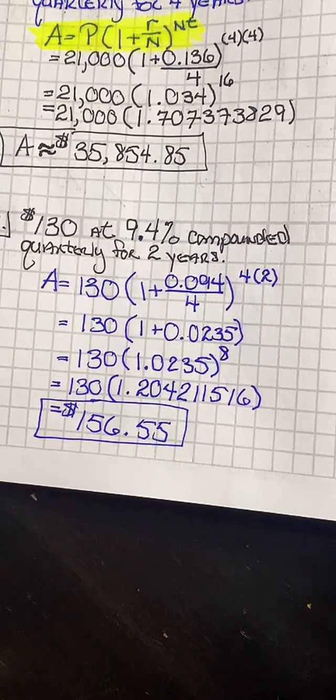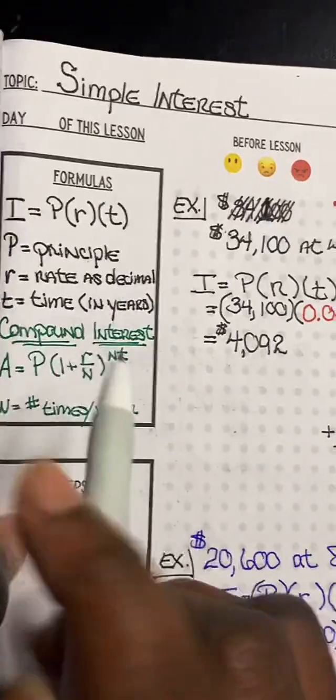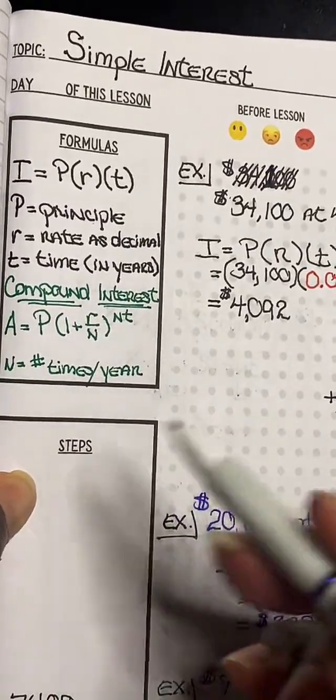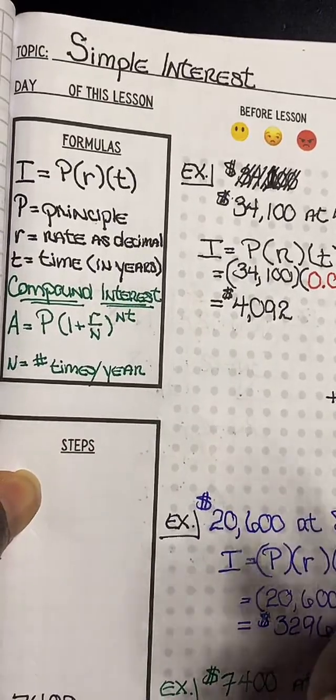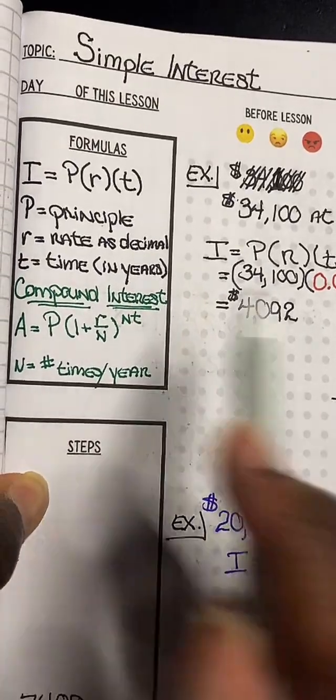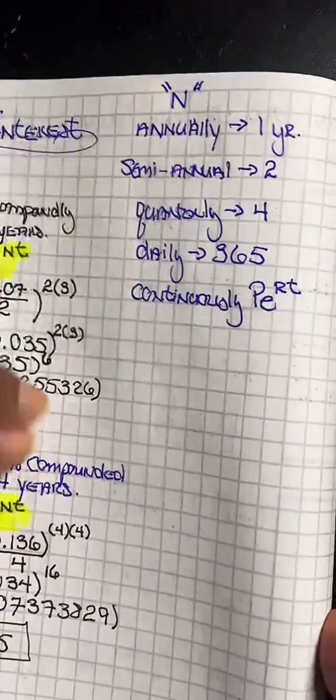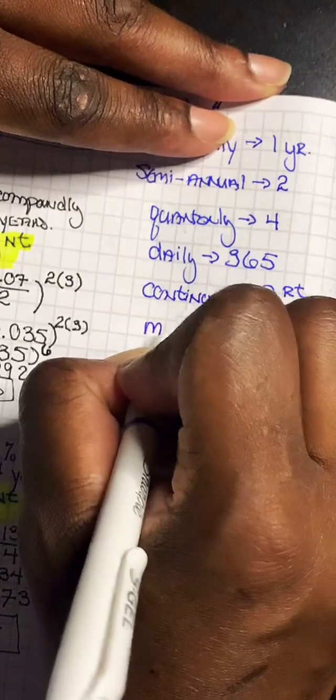If they're saying simple, that means we're using PRT. If they say anything that is compounded semi-annually, or compounded monthly, I forgot about that one, let me put that in my list, because sometimes that happens as well.